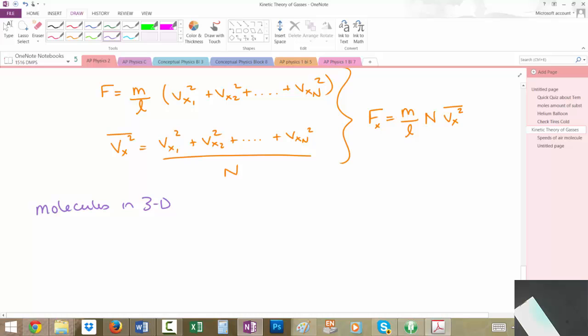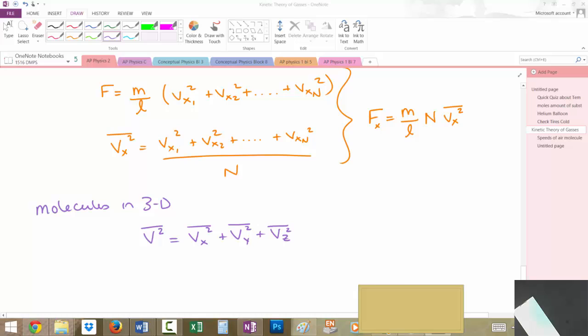So we can say that the velocity squared, I'm going to just go ahead and do averages, is equal to the x part squared plus the y part squared plus the z part squared. Okay, so that's just like breaking up vectors that we did in 9th grade, where we're breaking them up into pieces. And we can say this because all the velocities are random.